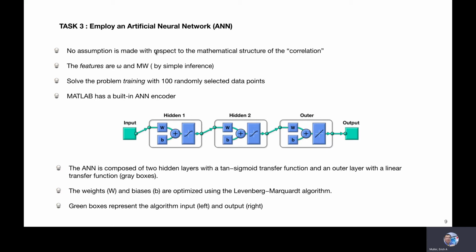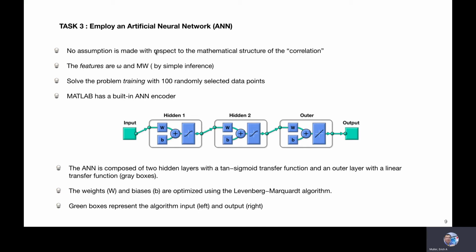Features, which are the inputs, are the eccentric factor and the molecular weight, and they're just simply picked up by inference, and we saw that they were plausible inputs. Again, to make things at least fair, we train the problem with 100 randomly selected points. And we use the artificial neural network encoder of MATLAB.